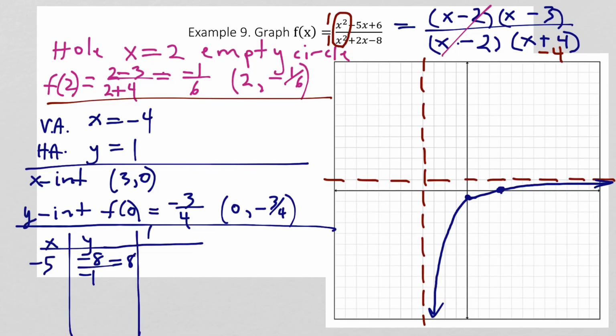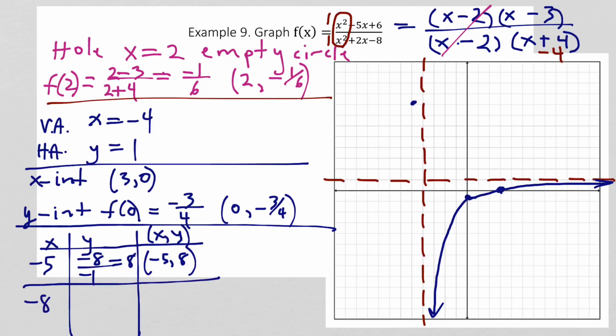I've got the point x, y: negative 5, 8. So the behavior on this one is pretty straightforward. So the hunch here is that it's going to swoop down and approach the horizontal axis like that. But let's get one more point, for instance, maybe in this location here, where x is equal to negative 8.